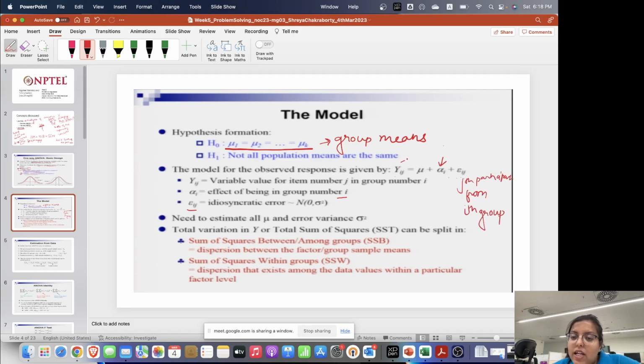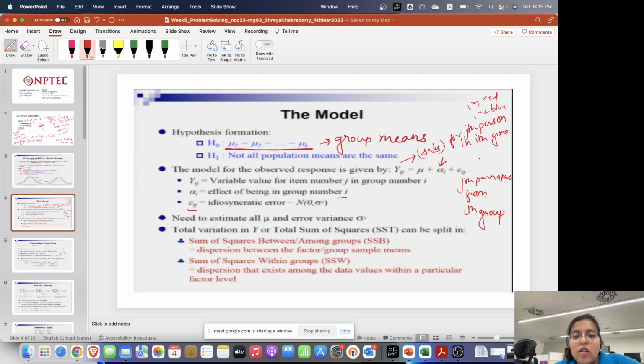So Yij means, let's say if it is sales, then sales for jth person in ith group. Let's say i1 is red, i2 is blue, and so on and so forth.